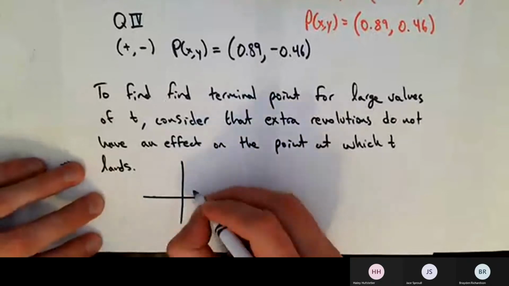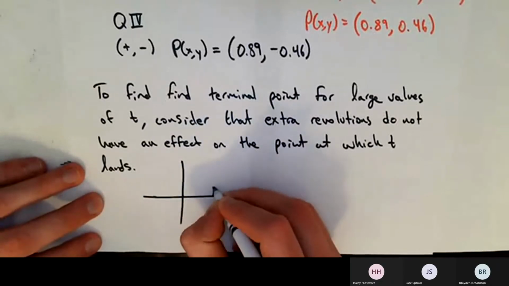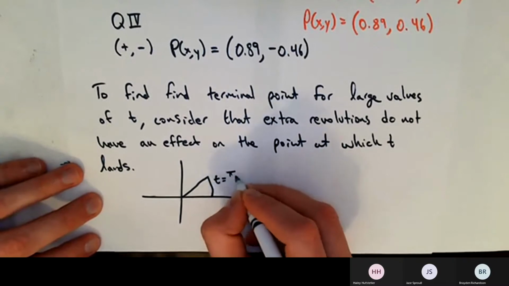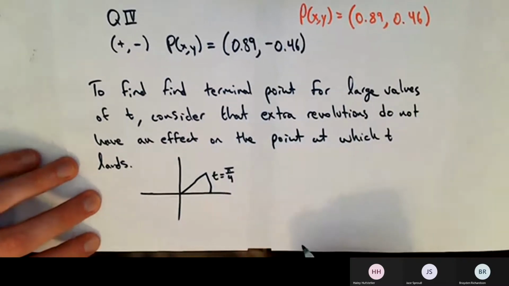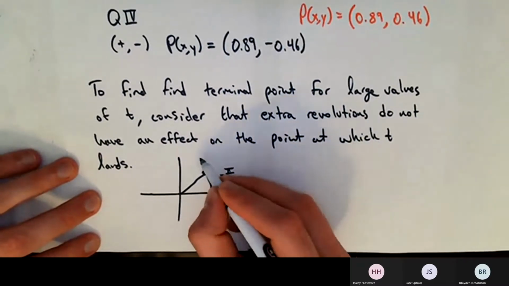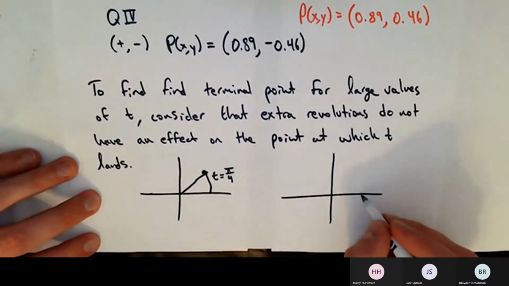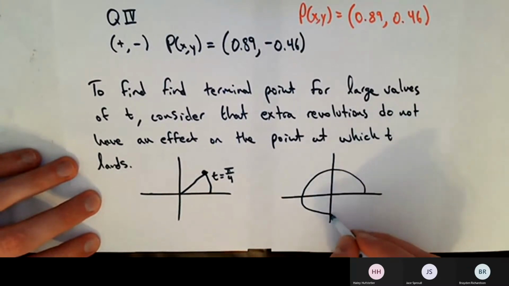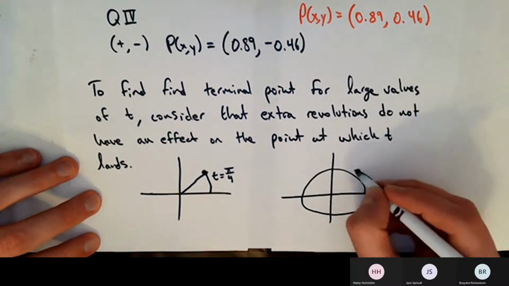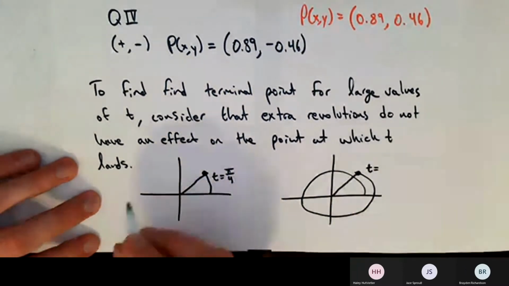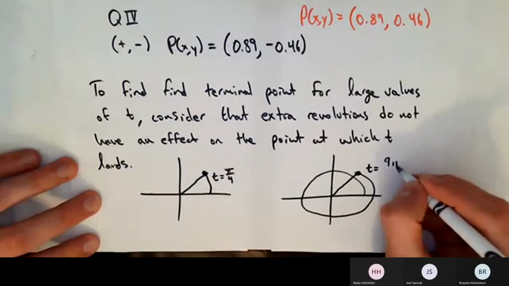So if I have, for instance, t equals pi on 4 right here, that coordinate point x, y is going to be the same as if I had something that goes all the way around and then lands back on pi on 4 again, like t equals, what would that be? That would be 9 pi on 4.